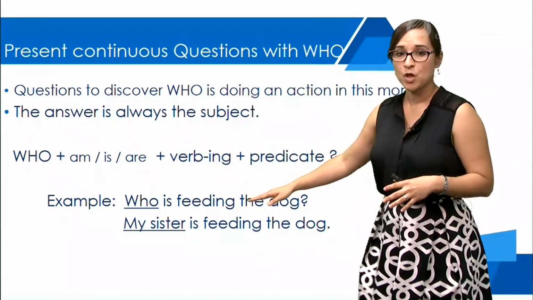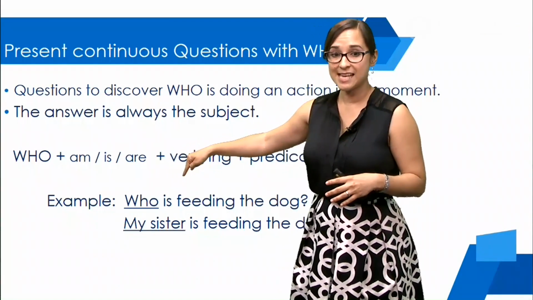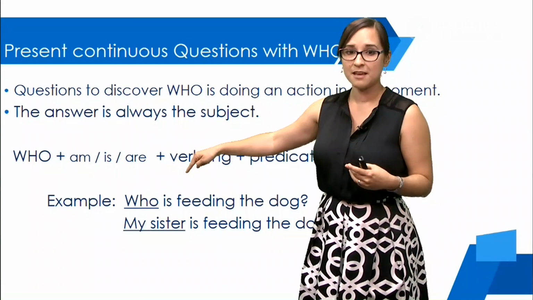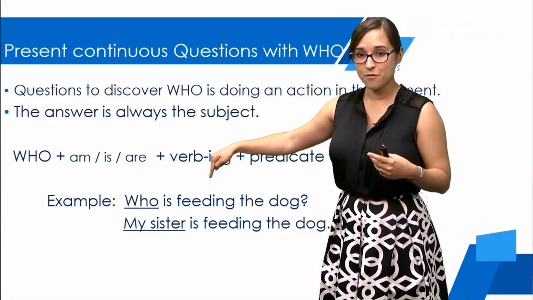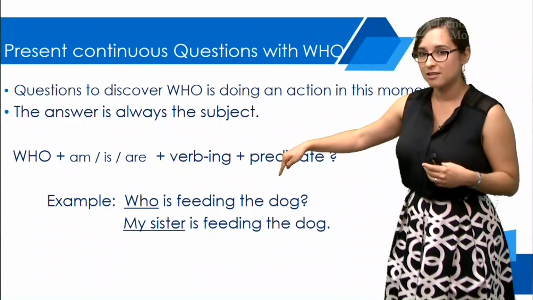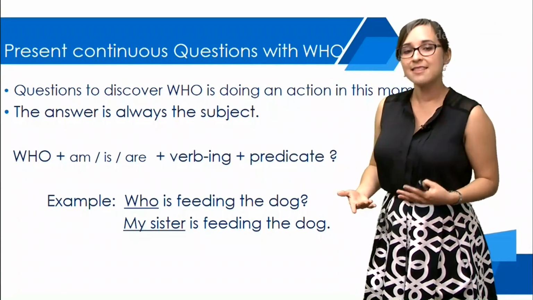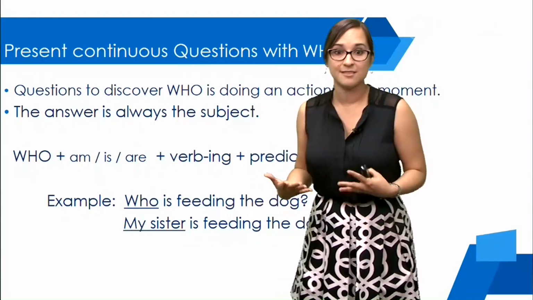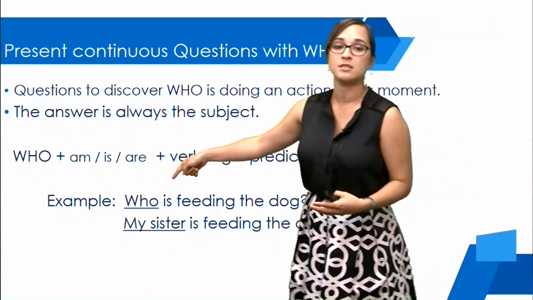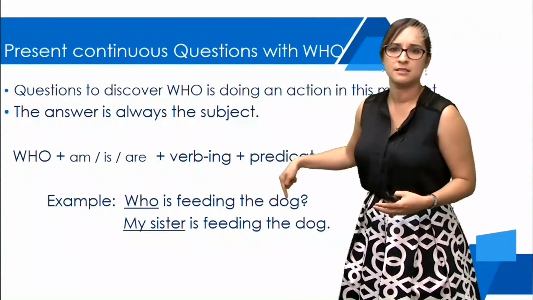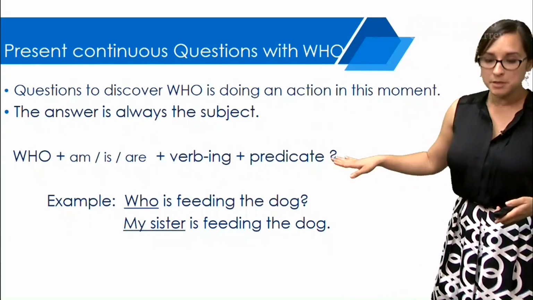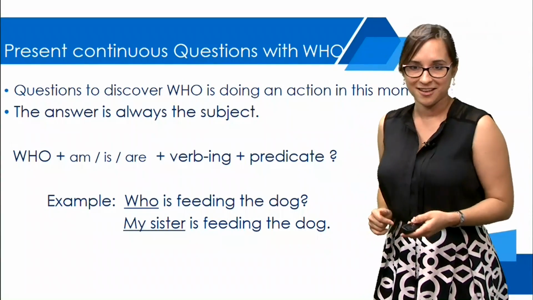An example, who is, the verb to be, feeding, my verb with ing, the dog, that is my predicate. Who is feeding the dog? And the answer will be the person that is doing the action at that moment. My sister is feeding the dog. I am not, but my sister is feeding the dog.